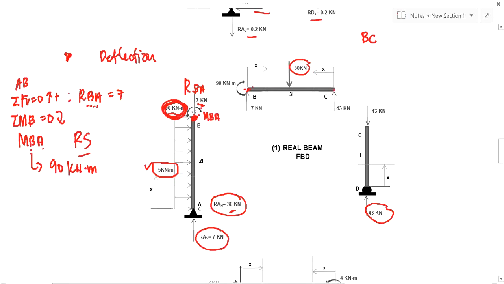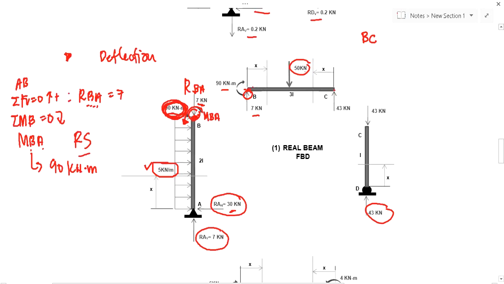So pagka downward ito sa BA, pagkapunta nyo sa BC, magiging upward yan, 7. Pagka counterclockwise ito, since counterclockwise yung na-solve natin dito, magiging clockwise dito sa BC. Kaya 90 is clockwise. So we have now reactions at B and moment dito sa BC natin.